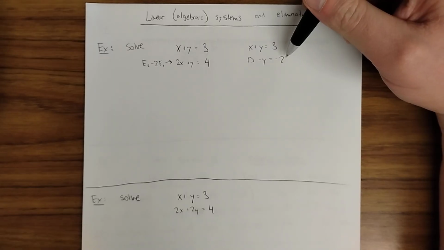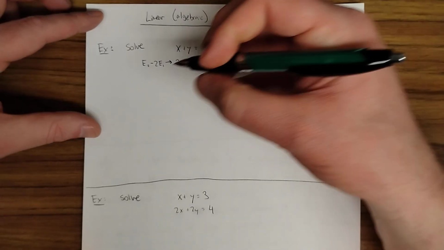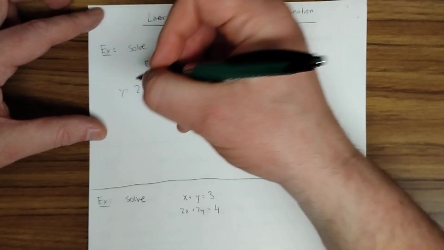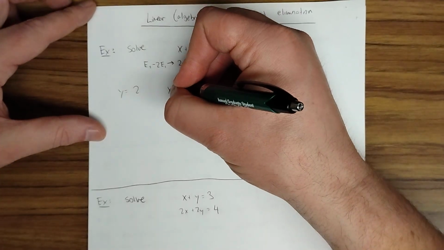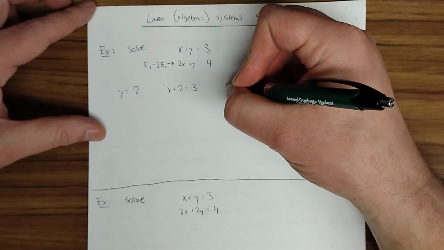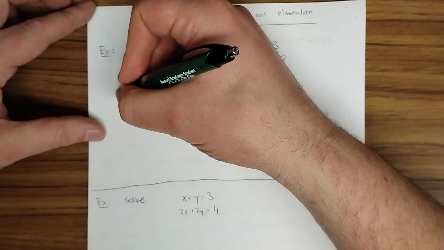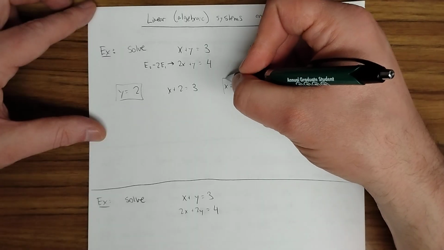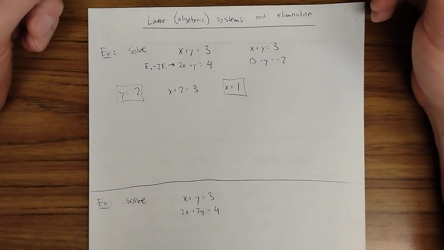And so now I'm going to have my answer. This one tells me y, and once I know y, I can plug that in up here. So I got both of my variables. Great.